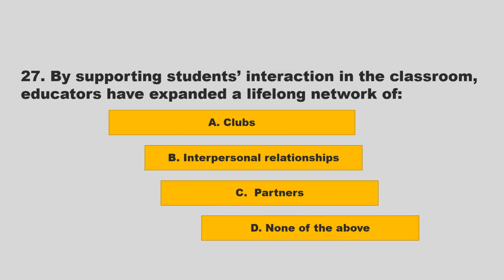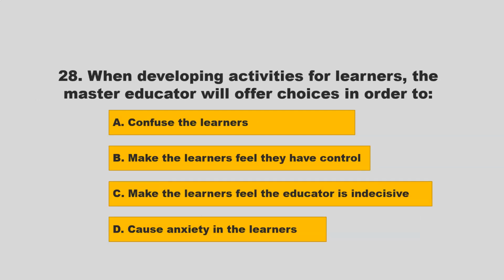By supporting students' interaction in the classroom, educators have expanded a lifelong network of clubs, interpersonal relationships, partners, none of the above. If you chose B, interpersonal relationships, you are correct.